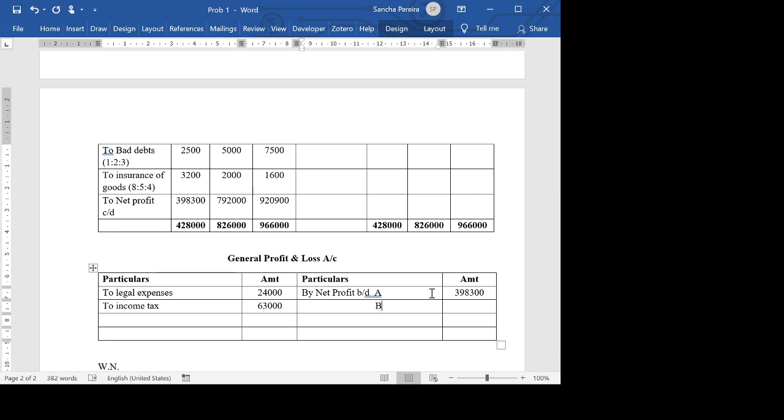B, and we have C. So here we have 7 lakhs 92,000 and 929. So the total here comes to 21 lakhs 11,000.